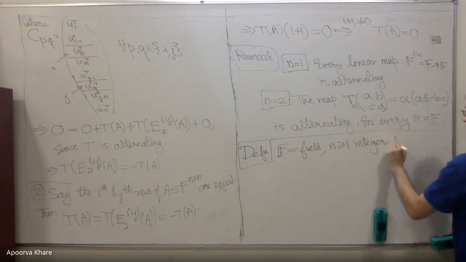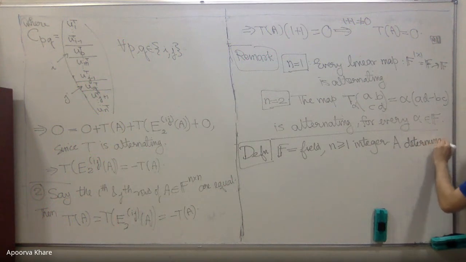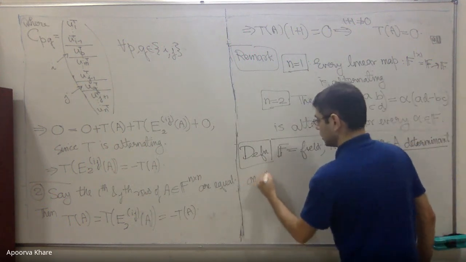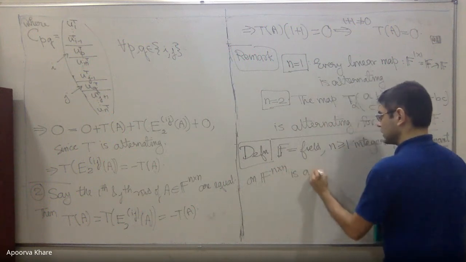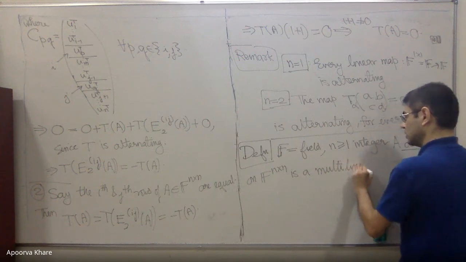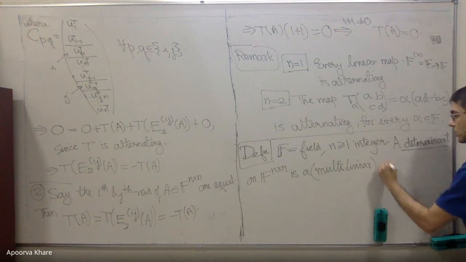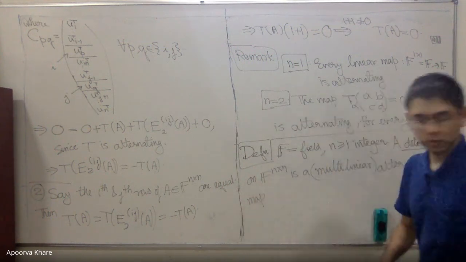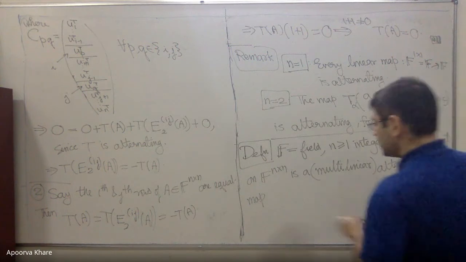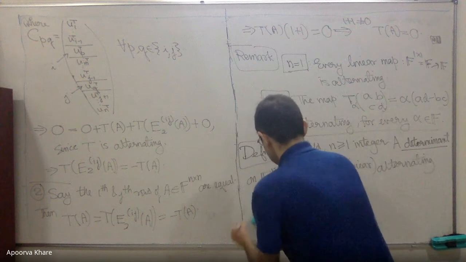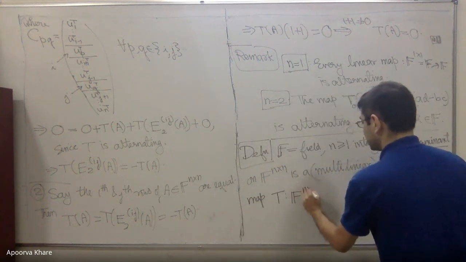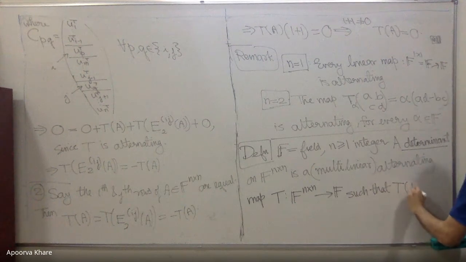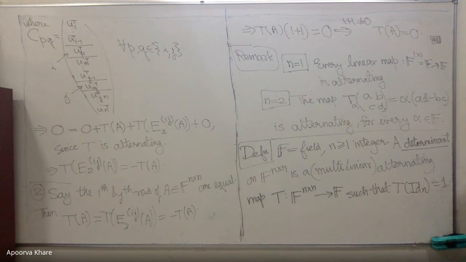So a determinant on F to the n cross n is a multilinear alternating map T from F to the n cross n to F such that T of the identity is 1.